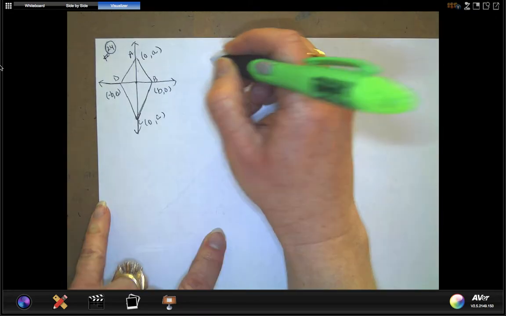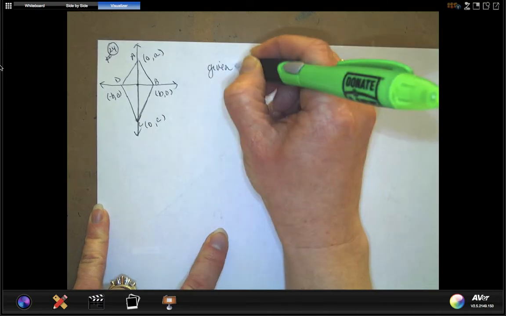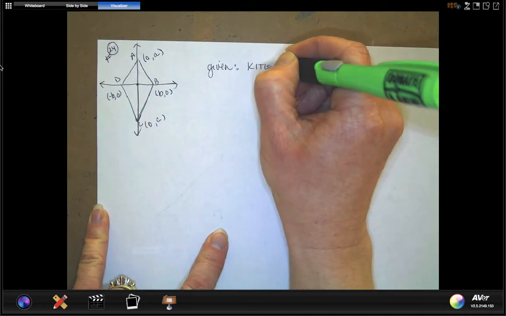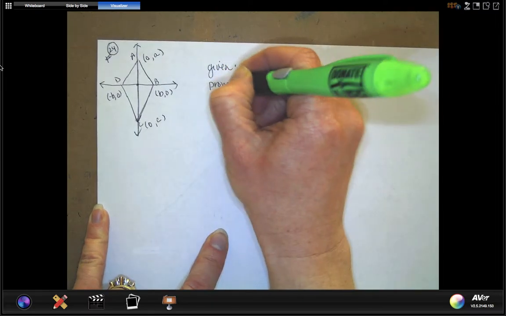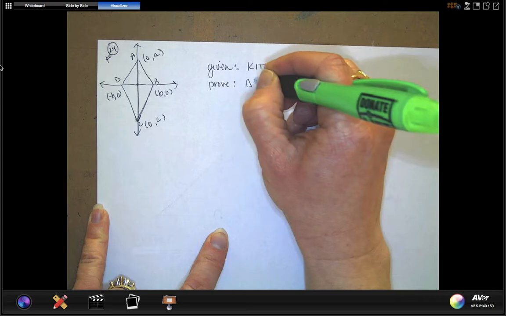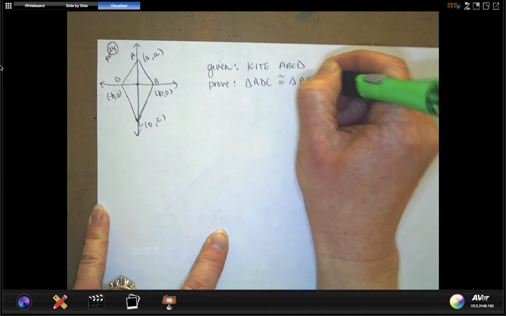So I'm starting off by saying I'm given kite ABCD, and I want to prove that triangle ADC is congruent to triangle ABC. Like I said, it wouldn't make any sense to prove the top and the bottom are congruent.